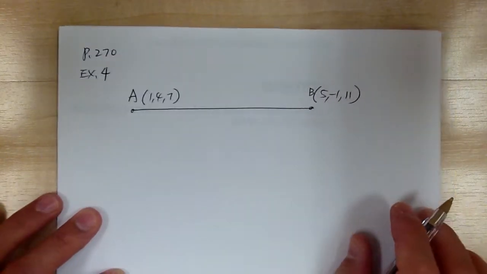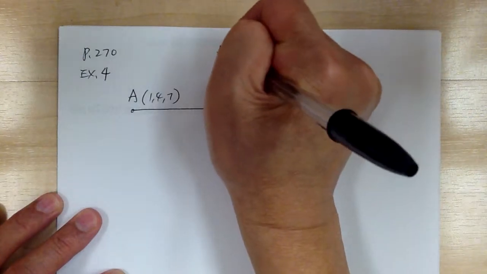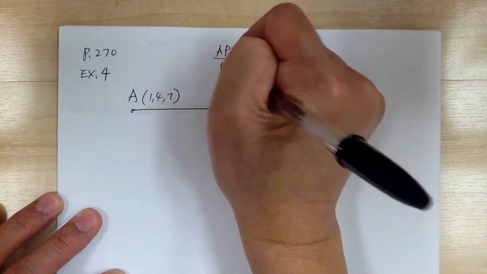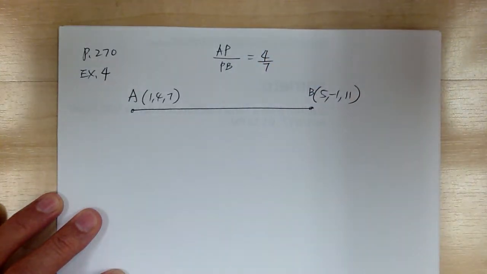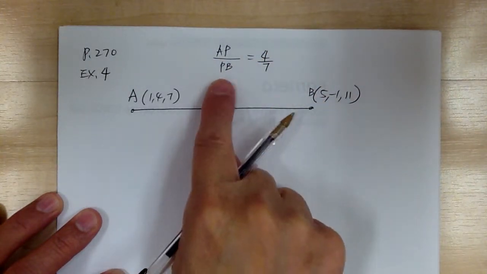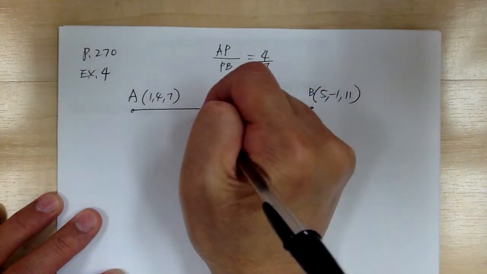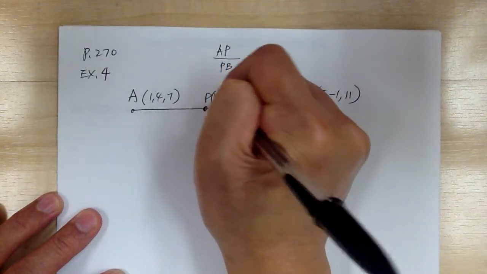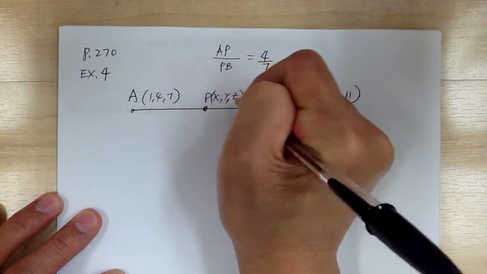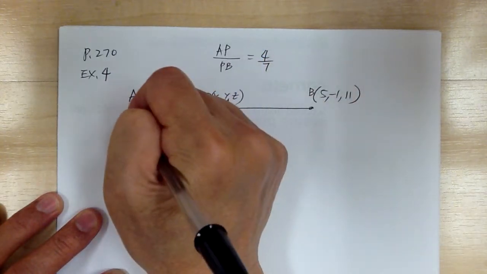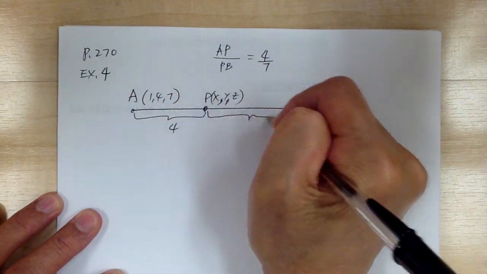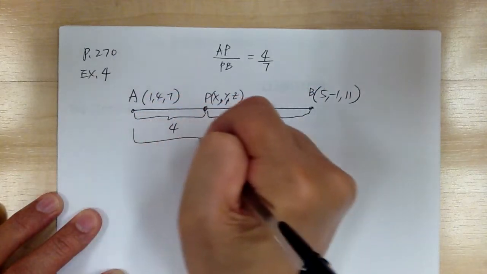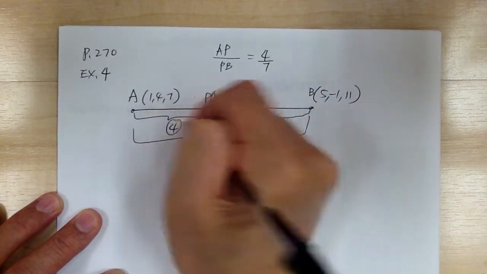And you're looking for P such that the ratio AP to PB is equal to 4 to 7. Okay. That means from A to P is 4, P to B is 7. So here's a point P. So AP is 4 and PB is 7. That means this whole thing is equal to 11.